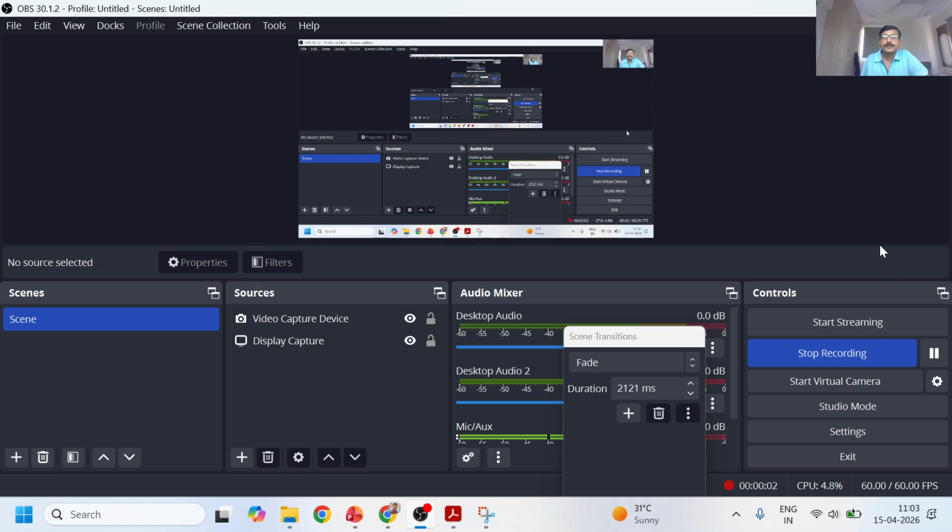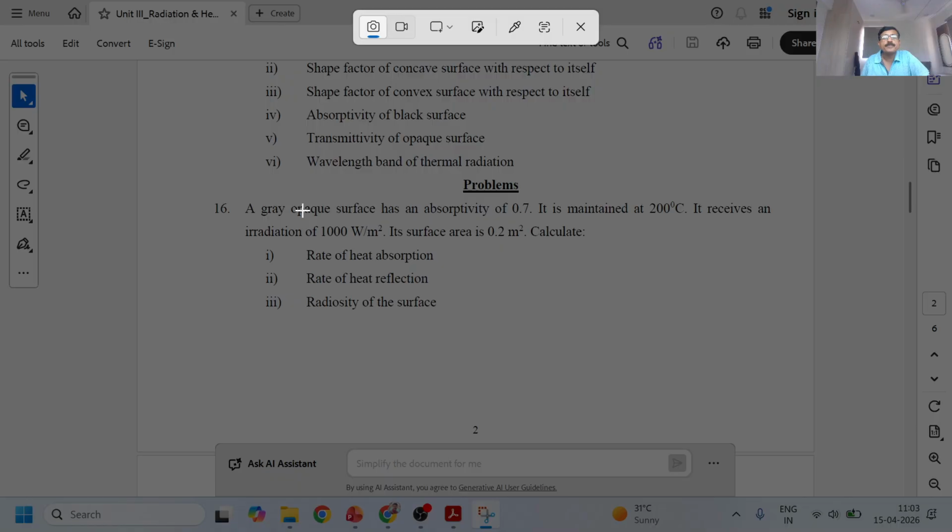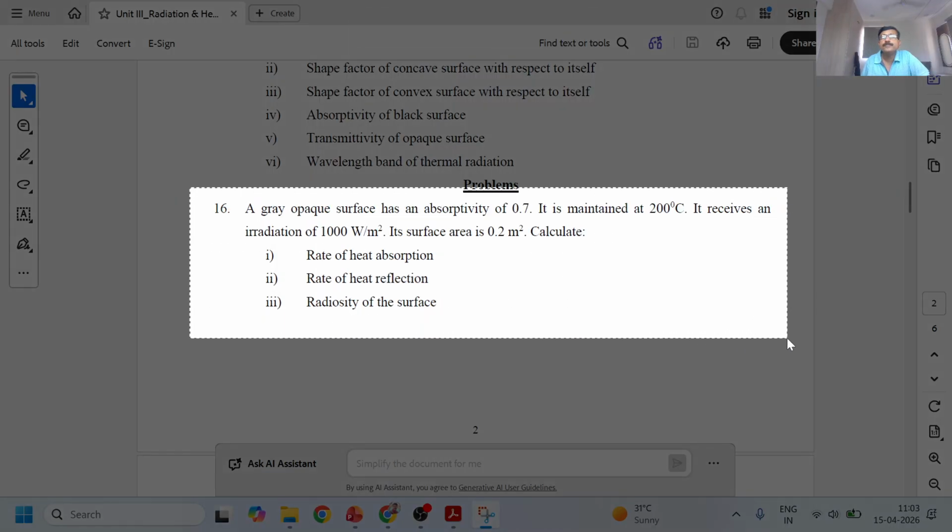Dear students, in today's class we are going to discuss the numericals on radiation heat transfer. So let's begin with the first numerical. I am copying and pasting the first numerical.